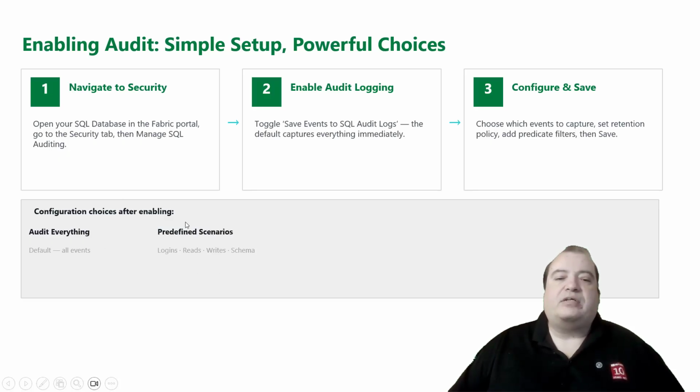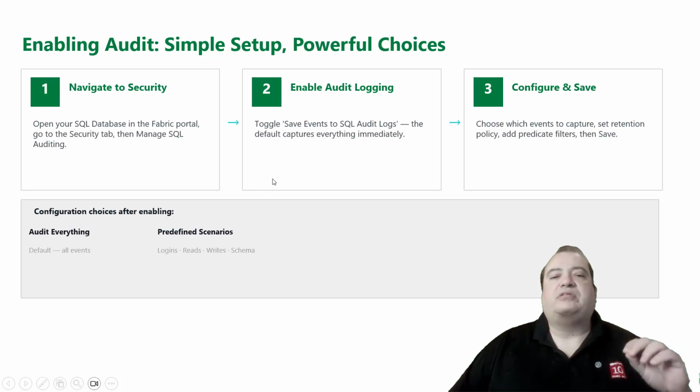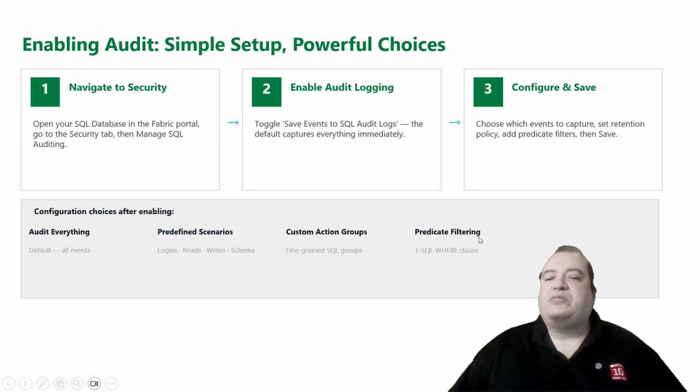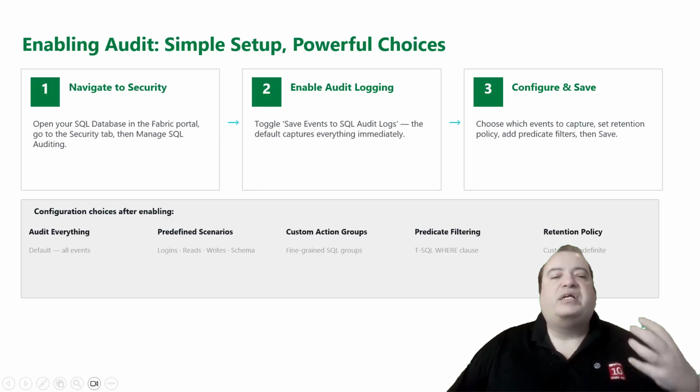Predefined scenarios, we have some predefined scenarios there that we can choose. Custom action groups and predicate filtering. We can use predicate filtering to filter the audit. And we also need to configure the retention policy of the audit. For how long will we keep the information we are auditing?